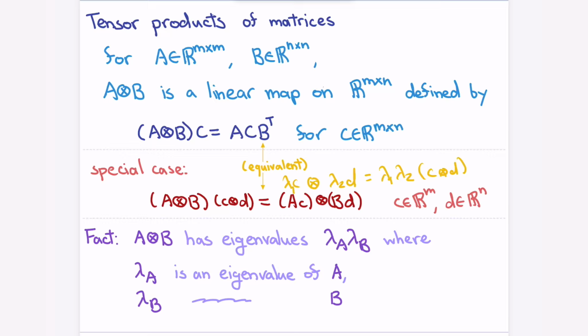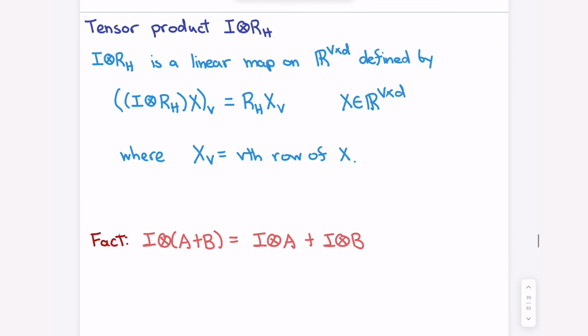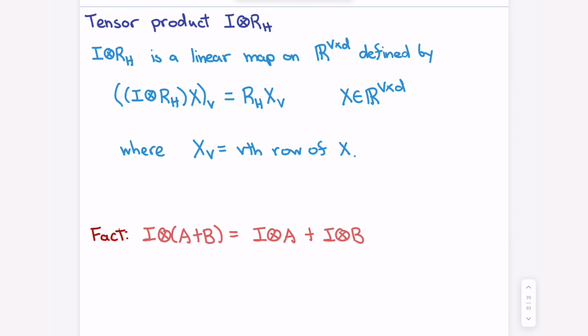That's going to be useful because for us, our random walks often look like this: something simple and something separate. We know them separately, and now we know what their combination looks like.